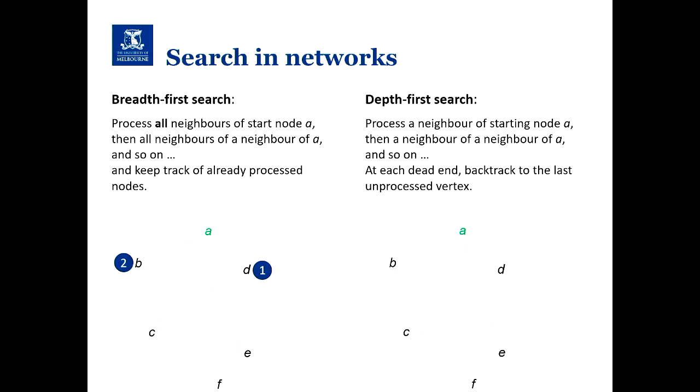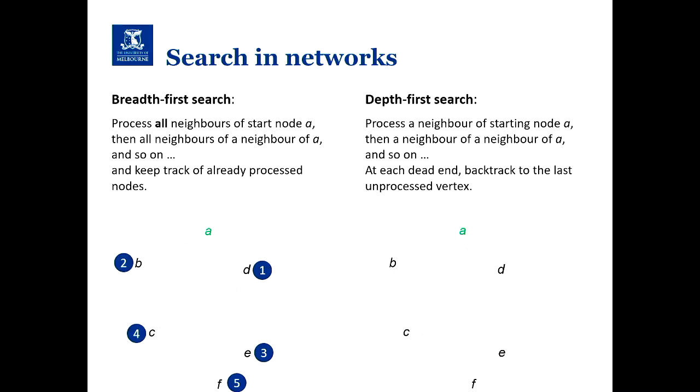After I've searched my path through the first level of neighbors, I can then continue to the second neighbors, the neighbors of my first neighbors, until I reach the potential destination, which will be point F. So this is the breadth-first search.